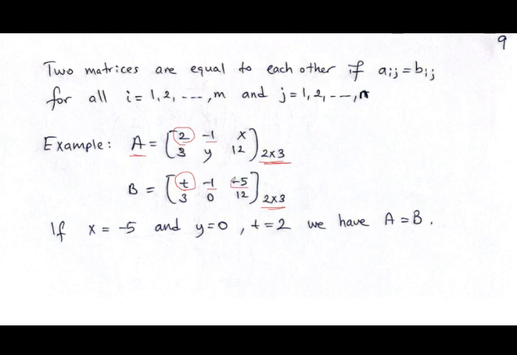And then we have minus 5 here, that should match with this x. And then we have 3, 3, and then y must be equal to 0. And again, we have 12, 12 here. So if these two matrices are equal to each other, then we should have x equals minus 5, y equals 0, and t equals 2.